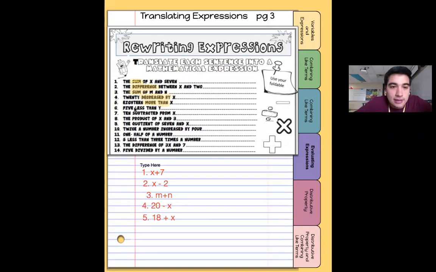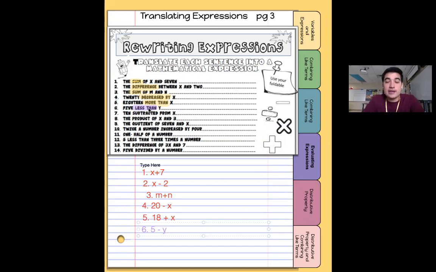So I'm going to highlight less than in a separate color because this is a special one, okay? Watch how it's special. I'm going to write this in purple too. So number 6, less than means what operation? It means subtraction, right? So normally, you would think this is 5 minus y, right? You would think that. But this is a special one.